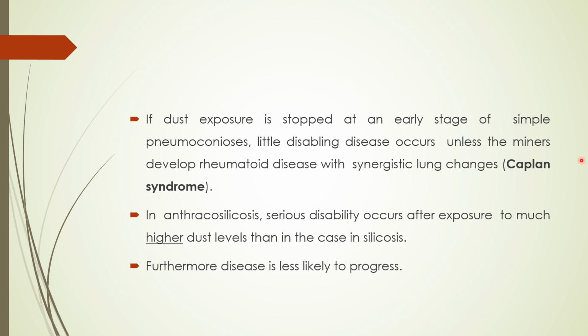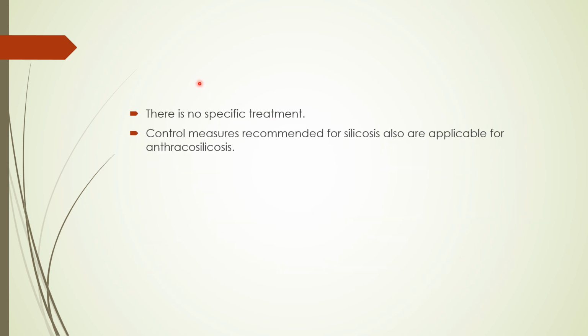So we can say that silicosis is more dangerous as compared to anthracosilicosis because the disability is less serious and disease progression is less. There is no specific treatment, and the control measures recommended for silicosis are also applicable for anthracosilicosis.